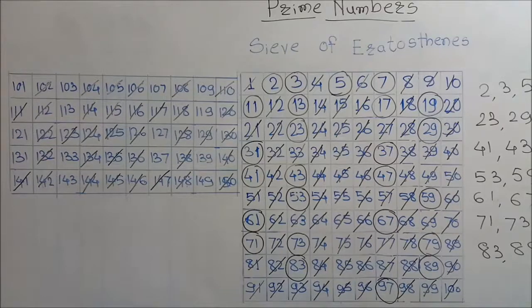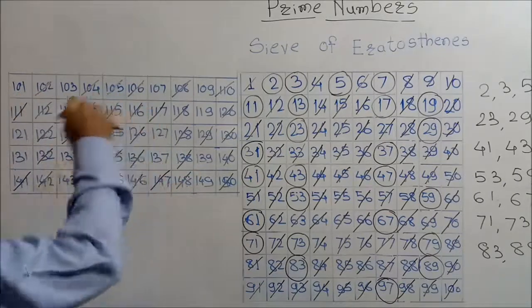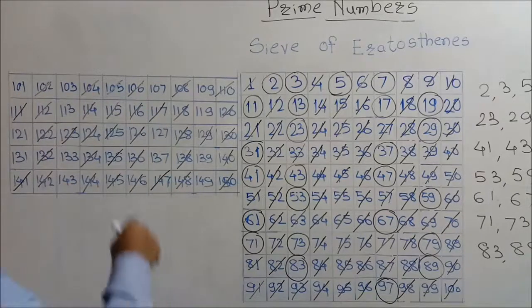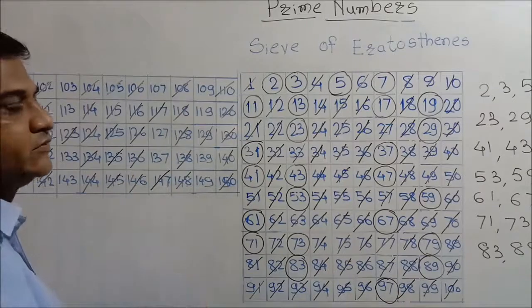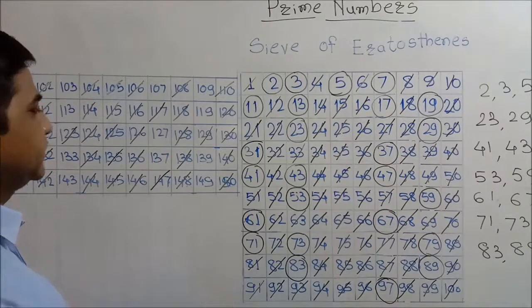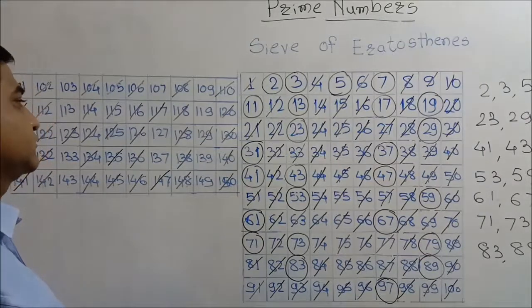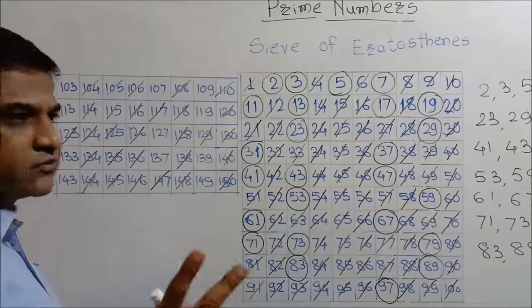It's a little bit tricky because finding the multiple of 7, so we have to actually find out, divide it. Okay, 101 cannot be divided by 7. 107. If I divide 107 by 7, I will get 37 as a remainder. And if I try to divide 37 by 7, then I will get a 2 as a remainder.